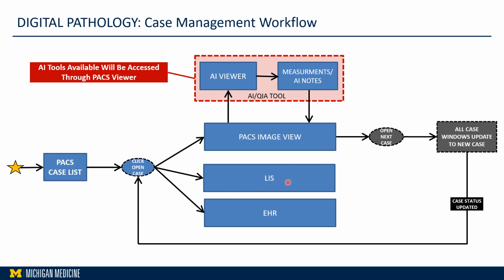But the most important thing is those PACS platforms have to be integrated or provide what's called a tool for a third-party solution or machine learning application, AI tools, to receive those digital images. So if you don't have this functionality, then it's really limited.